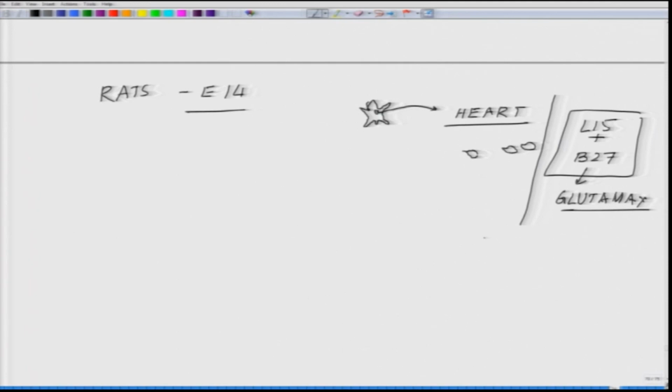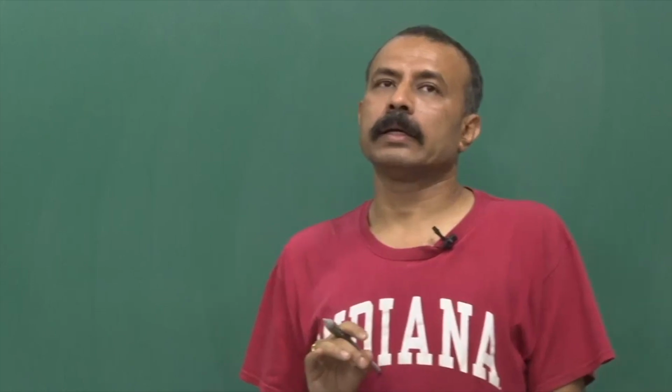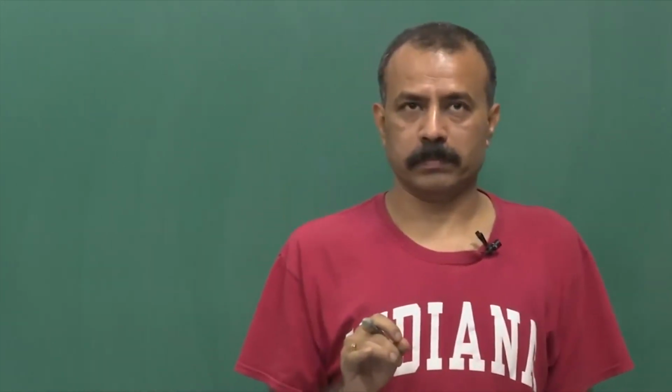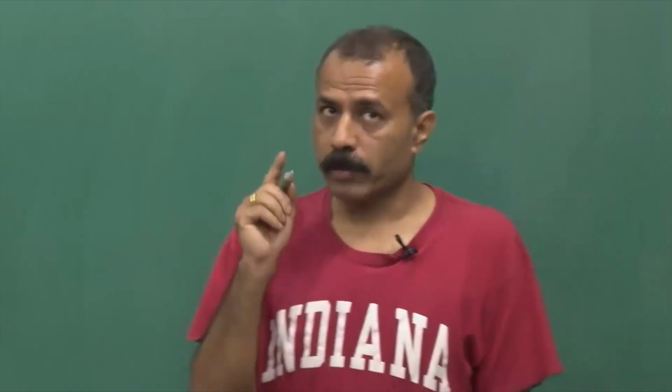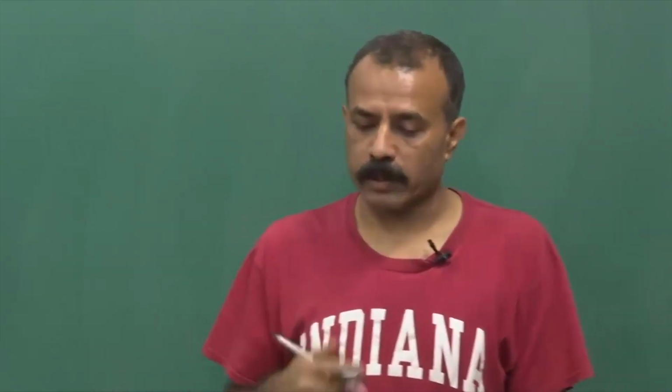So, you can isolate them in L15 medium. And B27 is a neuronal factor, but we showed at one point that this supports cardiac growth crazily. Though it was made for neurons, it does some very interesting stuff.